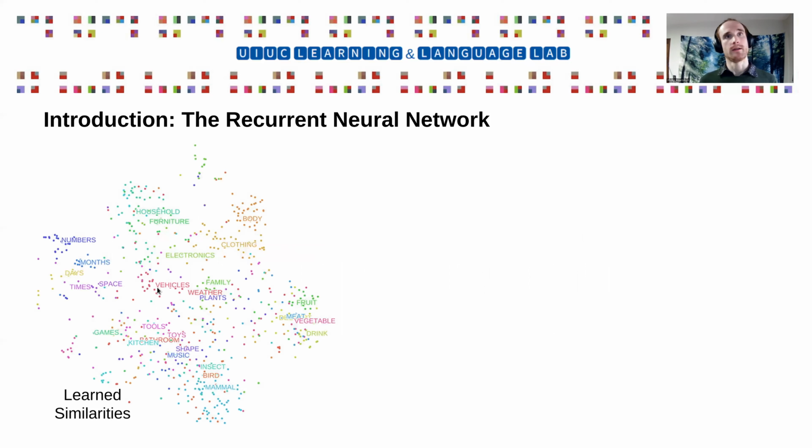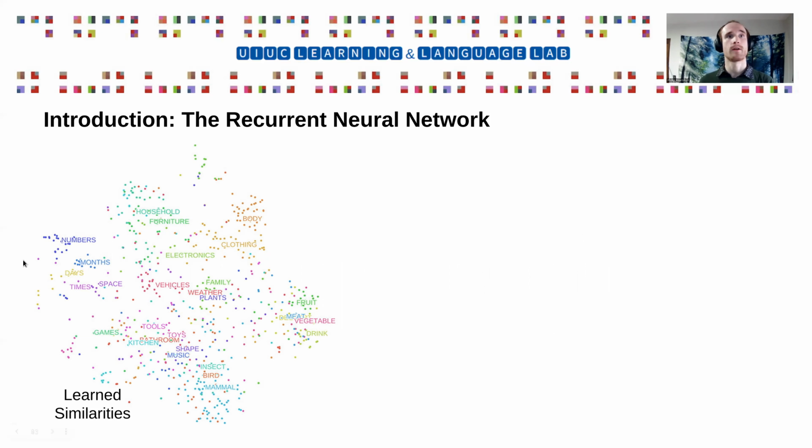A 2-dimensional representation of the learned similarities is shown here. We can already see in this figure, qualitatively, the RNN over the course of training on child-directed input learns to cluster words according to semantic category. This is really interesting and wonderful, in fact.